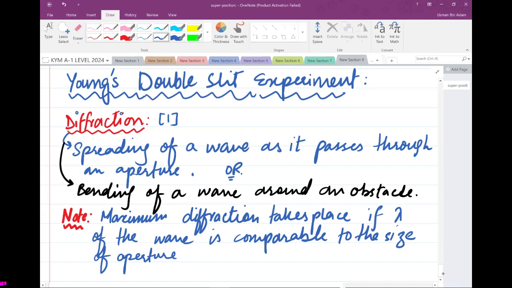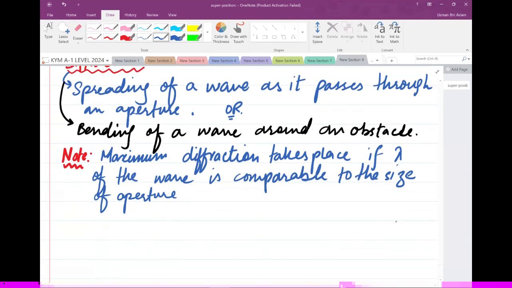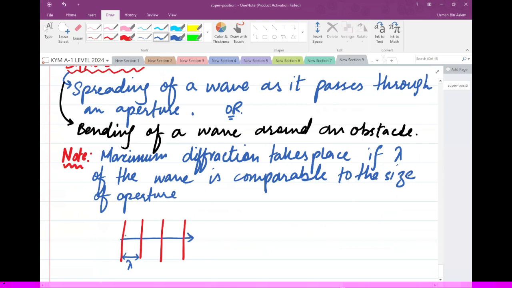I'm going to recall a diagram from O level. If you remember, we used to represent a wave by using wave fronts. These parallel lines are indicating a gap of 1 wavelength, and this perpendicular arrow that I am trying to draw here is showing us the direction of the wave.